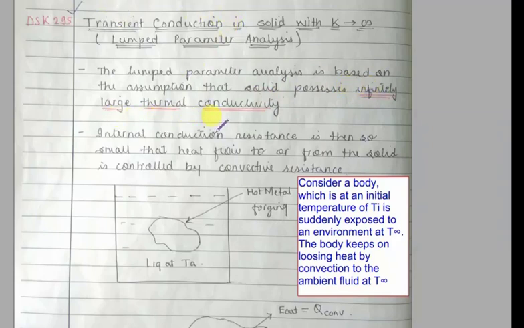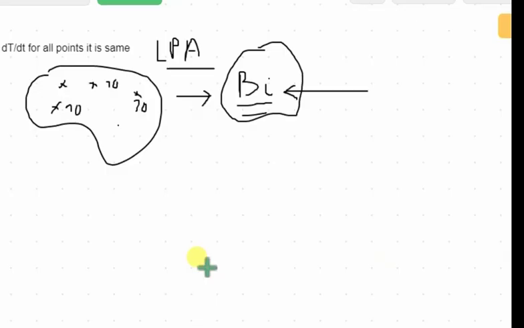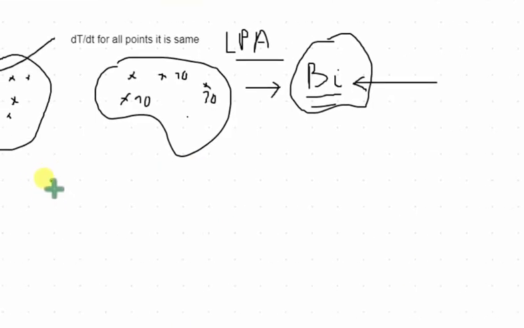So the internal conduction resistance is so small that the heat flow to or from the solid is controlled by convection. We have seen previously in fins that the thermal resistance is inversely proportional to thermal conductivity, in the case of ideal fins.